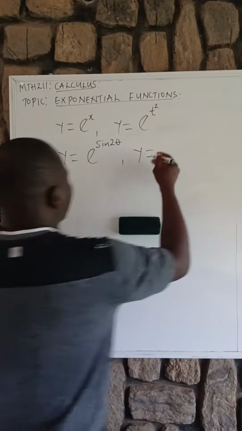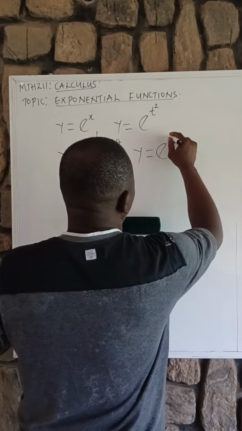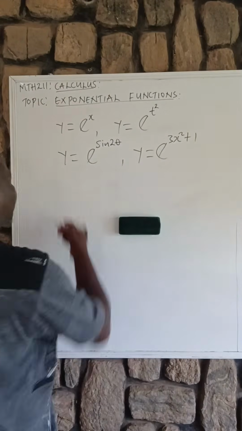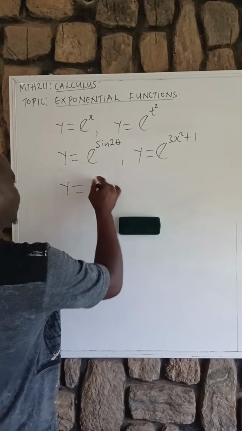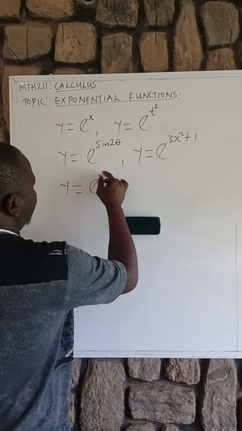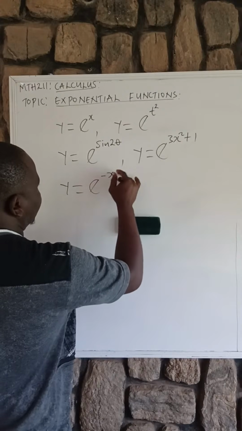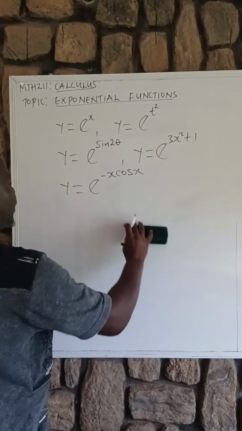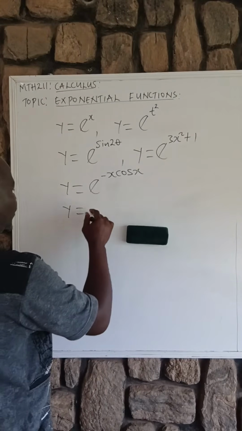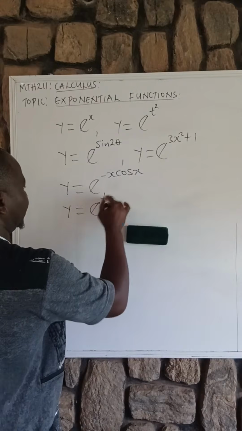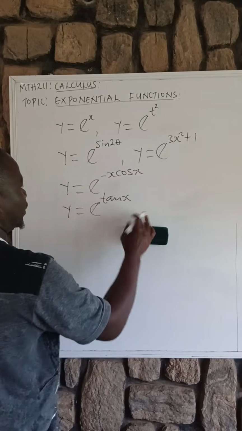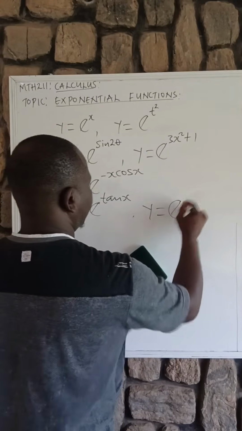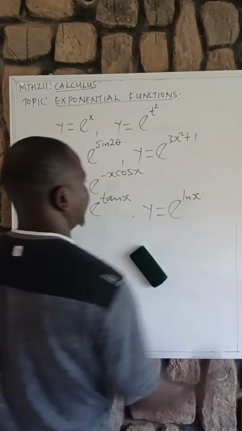Y equals e^(3x²+1). Sometimes you will see y equals e^(-x cos x). Sometimes y equals e^(tan x). And sometimes you come across functions of this form, e^(ln x).